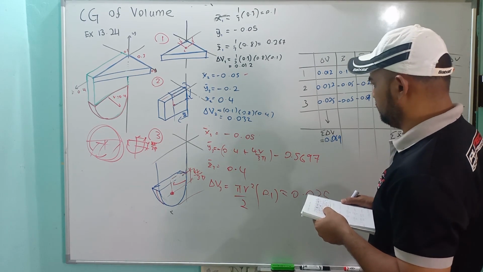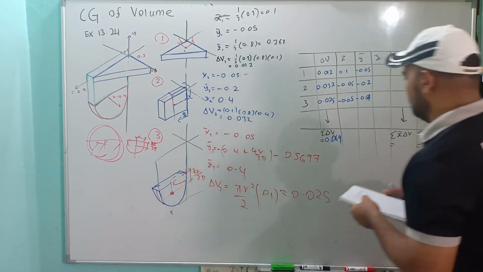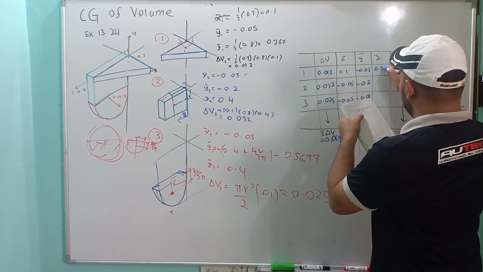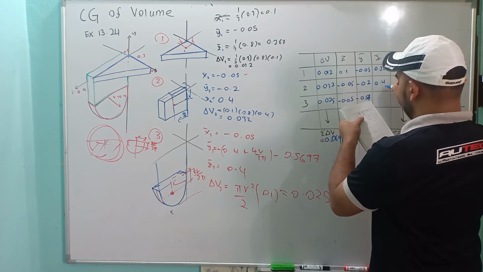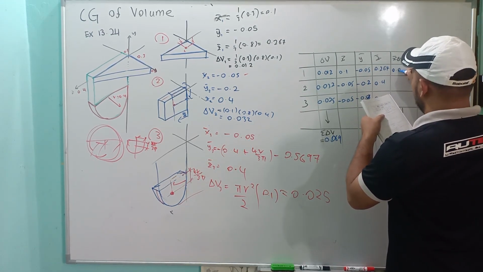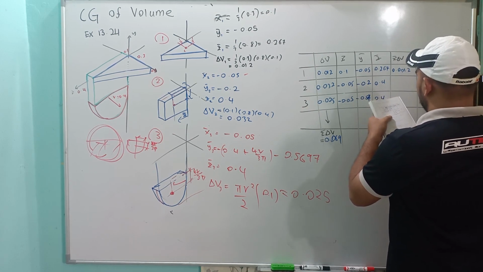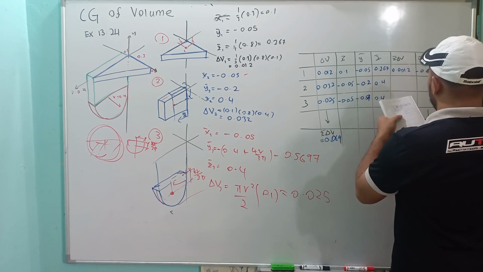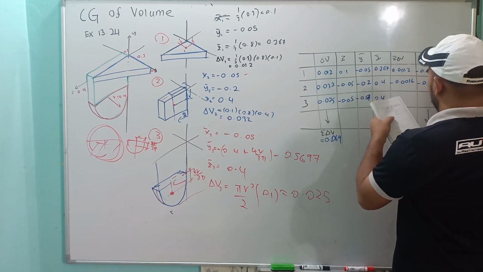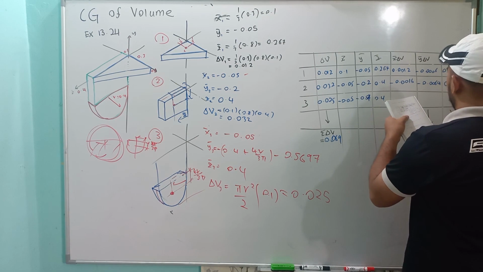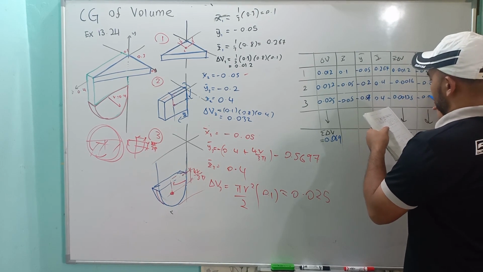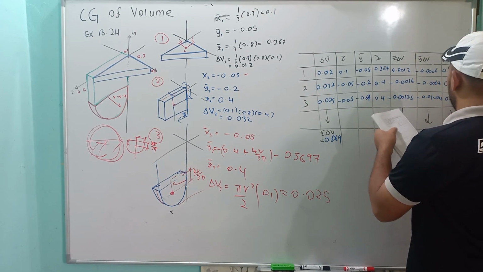Y bar for the third one, 0.5657. Then we have Z bar 0.267, 0.4, 0.4, and then times everything: 0.0012, negative 0.0006, negative 0.00125, negative 0.01424, 0.01.